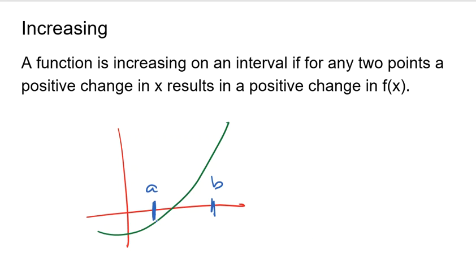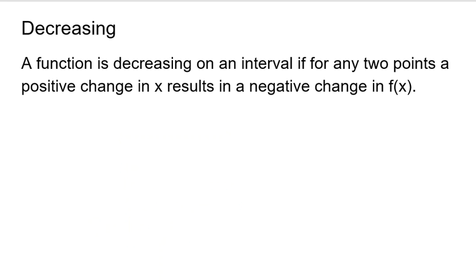So basically that means if you follow along on the interval A to B, every time you move to the right, every time your x value gets bigger, the y value also gets bigger, hence increasing.